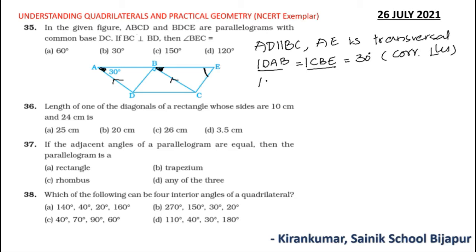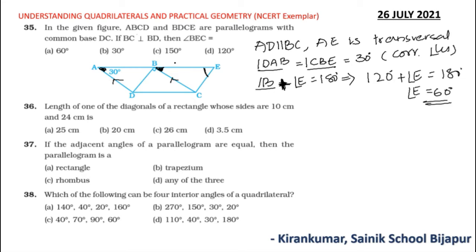We all know that in the parallelogram, co-interior angle sum is 180 degree. So angle B added to angle E is 180 degree. What is angle B? It is 90 plus 30, which is 120, plus angle E is 180 degree. So we can find angle E as 60 degree. So 60 degree, option A is the right answer.